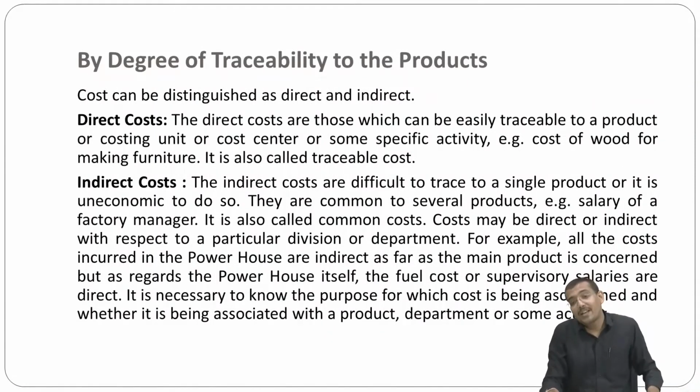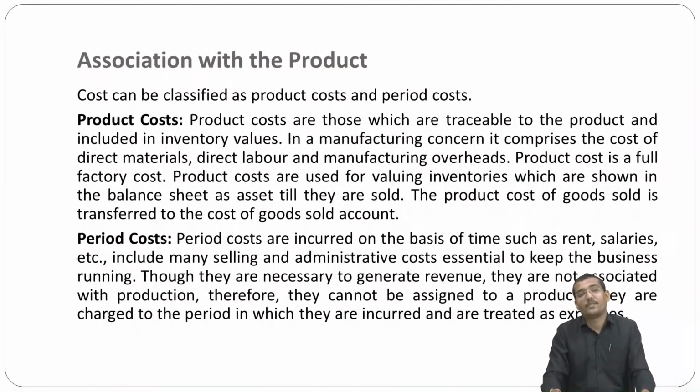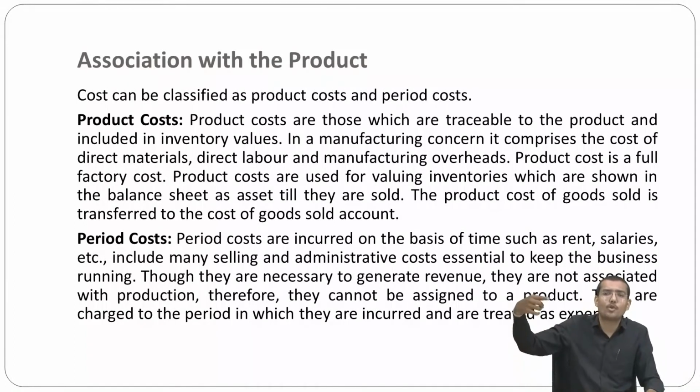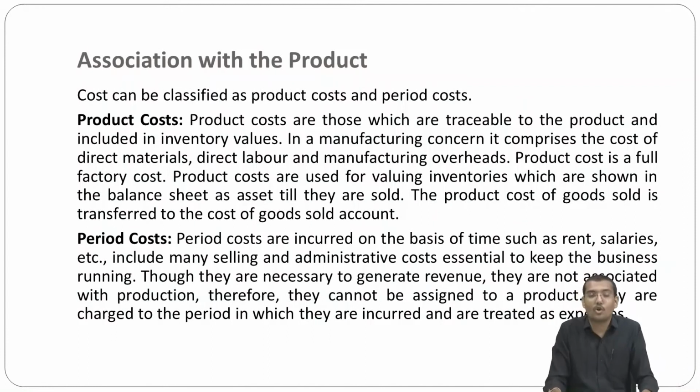So these are, my dear friends, by traceability to the product. Then association with the product. In this, we define product cost and period cost. The product costs are those which are traceable to the product and included in inventory value.